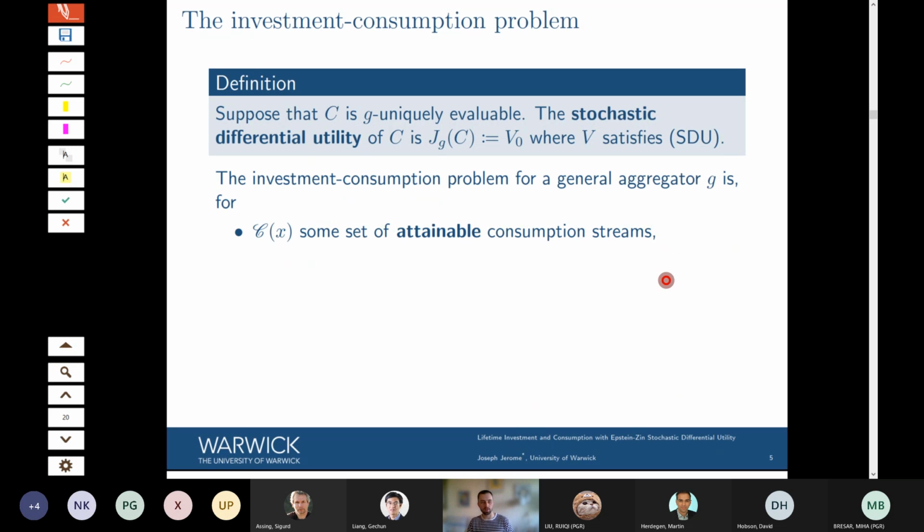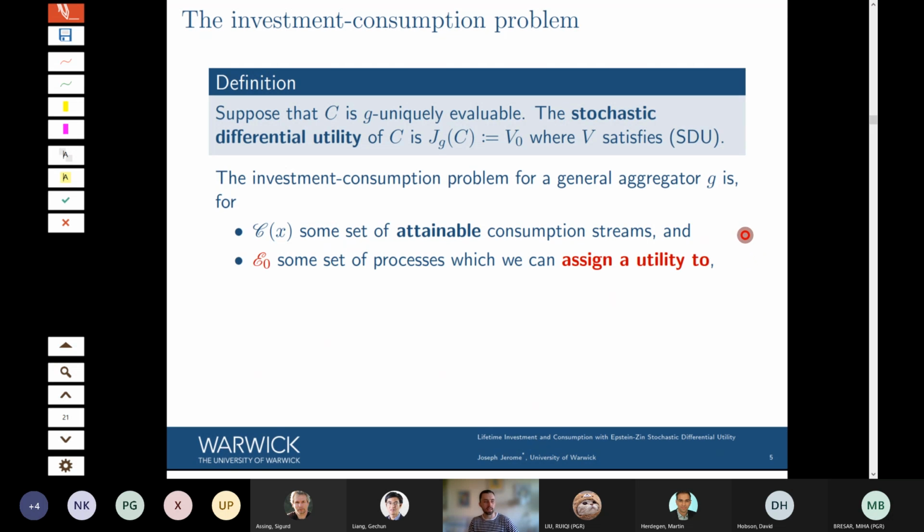And so the investment consumption problem in this case is going to be for some set of attainable consumption streams, which is something I'll expand upon in a moment. But essentially, it means that we can finance them and we don't go bankrupt. And for some set of processes that we can assign a utility to. So notice I didn't say evaluable because I've defined that with a very specific meaning.